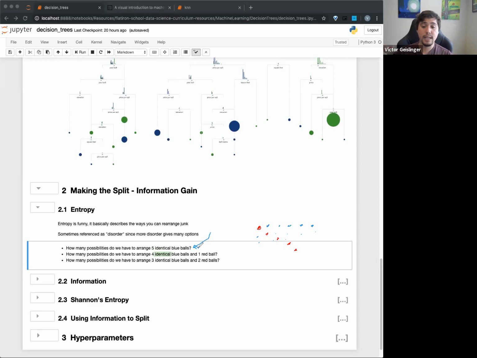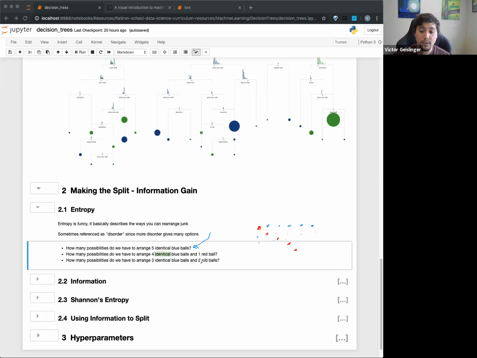If I instead say I have 1 red ball and 4 blue balls, then what's the order? In this case, all I have to do is tell you where the red ball is, and once you know where that red ball is, the blue balls are everywhere else.